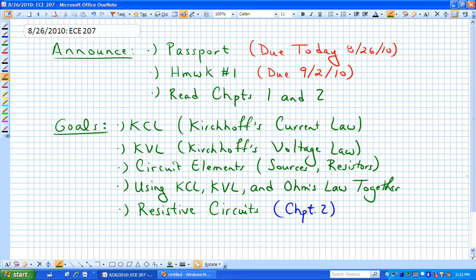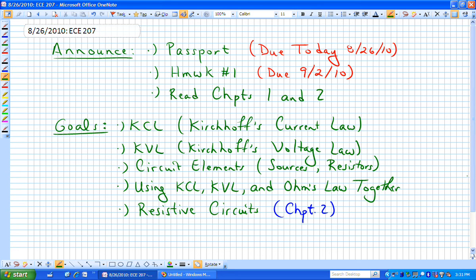Today what I want to do is go through some examples on Kirchhoff's Current Law and Kirchhoff's Voltage Law. I may just abbreviate those as KCL and KVL. We'll talk about the different kinds of sources. Obviously, we'll deal probably with one resistor type, but those are 2 different categories of circuit elements.